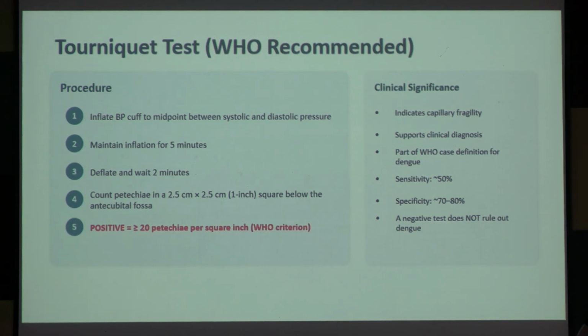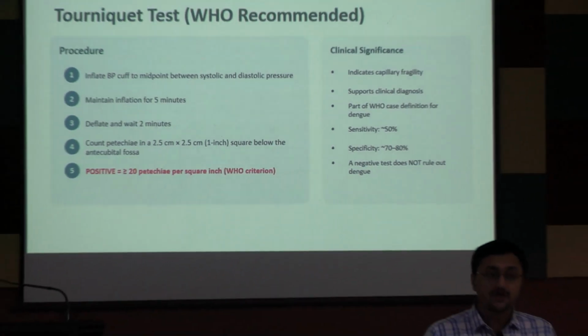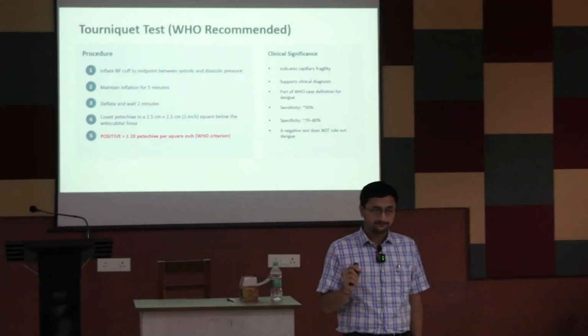So first you have to measure the BP, okay? Inflate the BP cuff to the midpoint of the systolic and diastolic BP, maintain inflation for 5 minutes, and then deflate and wait for 3 minutes, okay? Look for the petechiae.